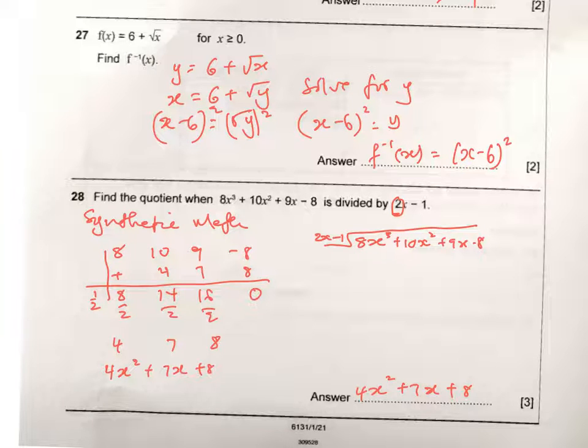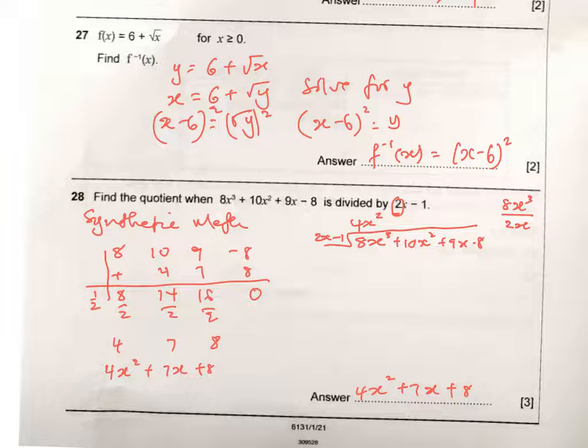Here we only divide with the term with the variable. So 8x cubed, you divide by 2x. You get 4, and x cancels with one of these, 2 are left, so you have 4x squared.